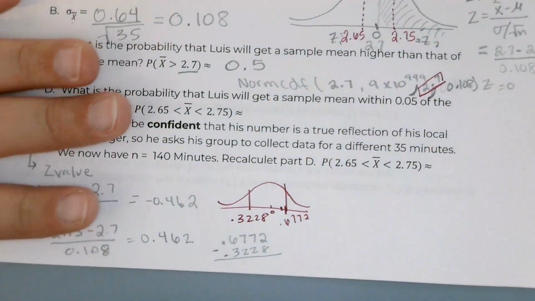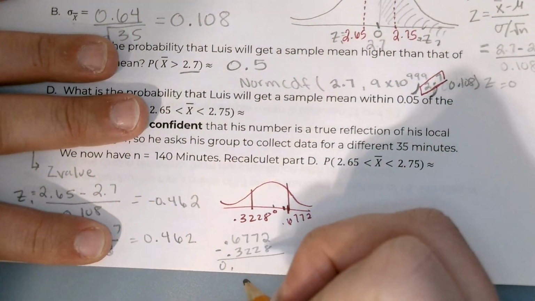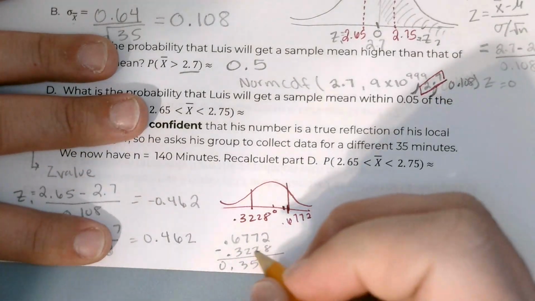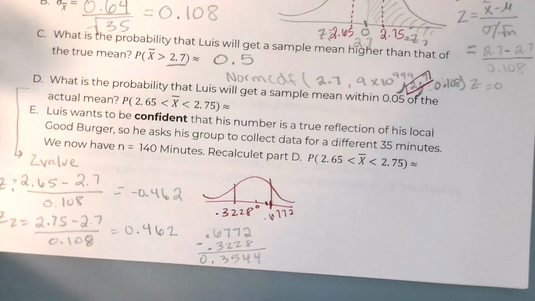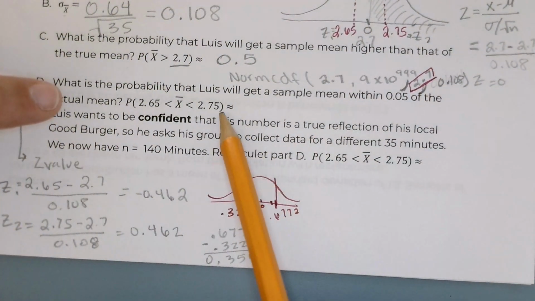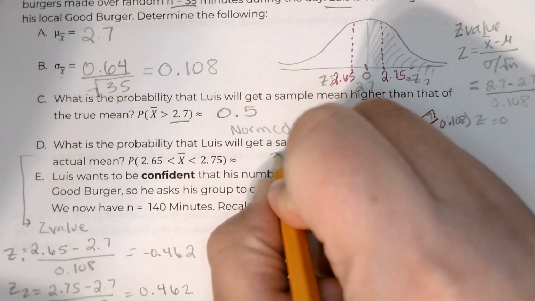Just doing it old school by hand, and we find that you have approximately a 35% chance that we will land within 0.05 of the mean.